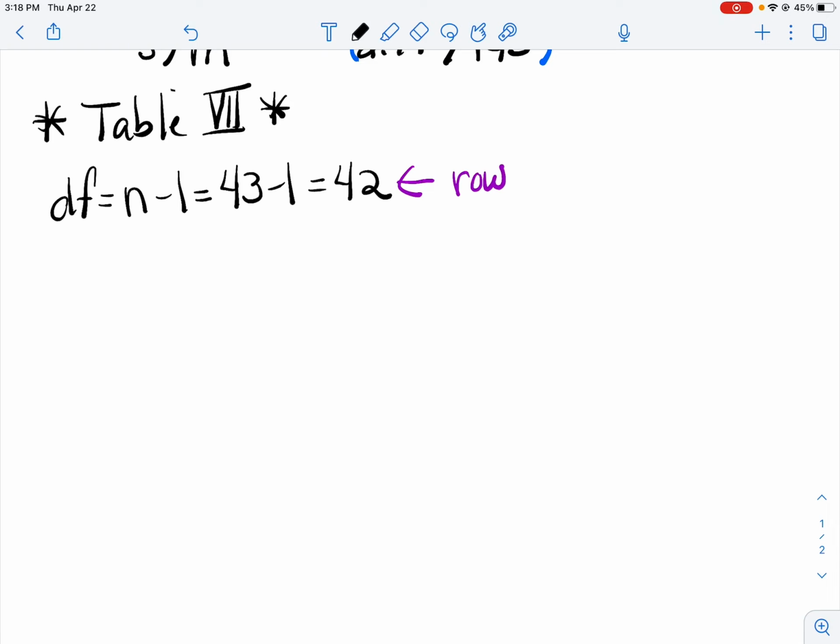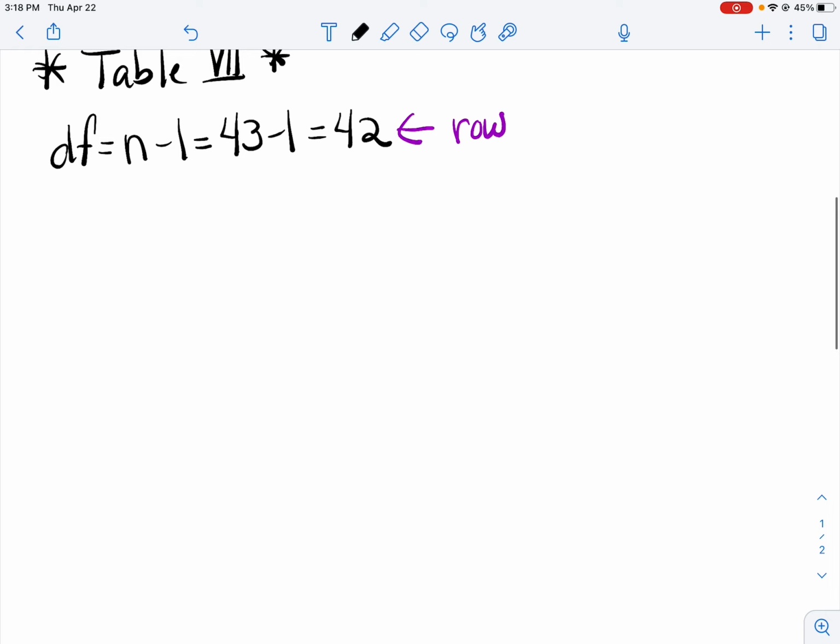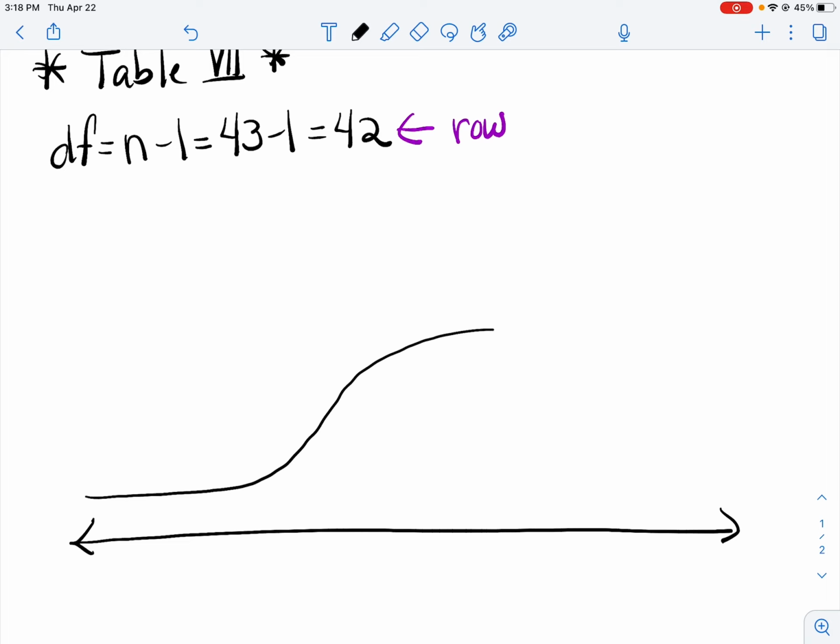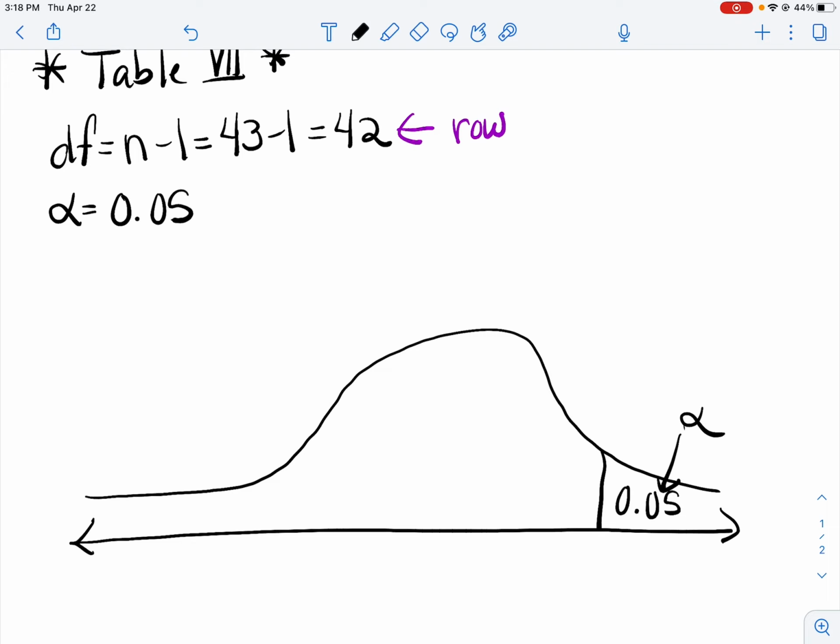Now the column comes from the area in the tail. I'm going to leave a space, and I'm going to go ahead and sketch a picture. This is a right-tailed test, so the area in that tail is that level of significance. That 0.05 comes from our alpha. And this tells us which column to look at on our table.